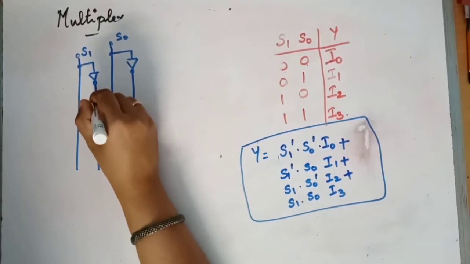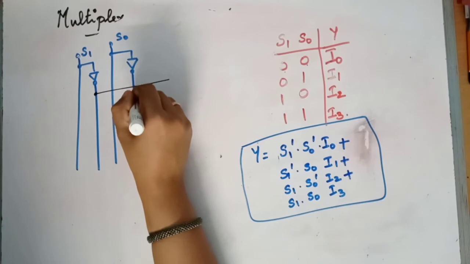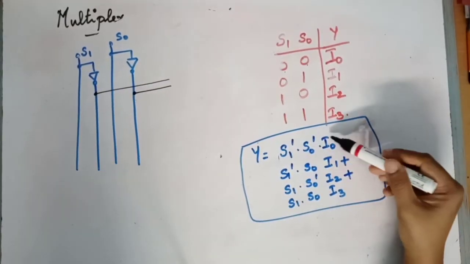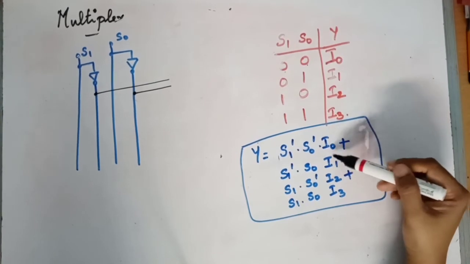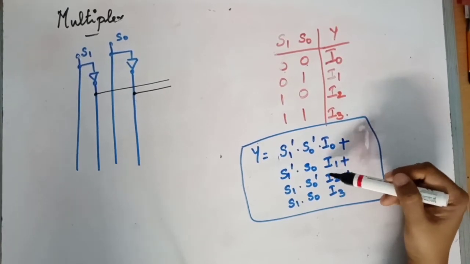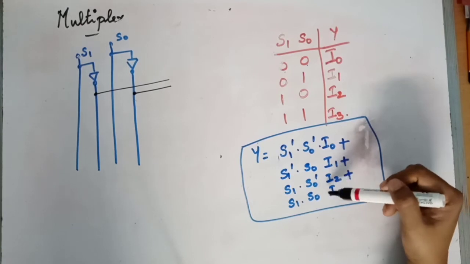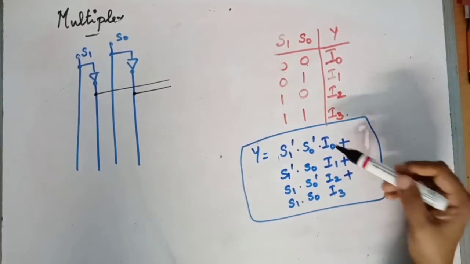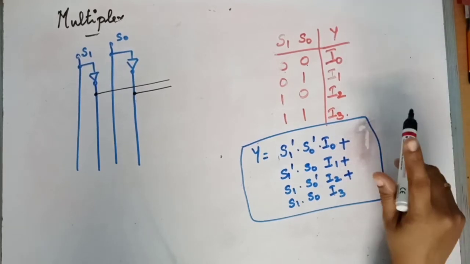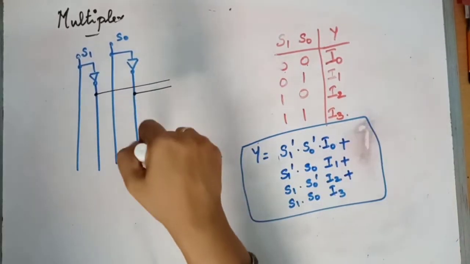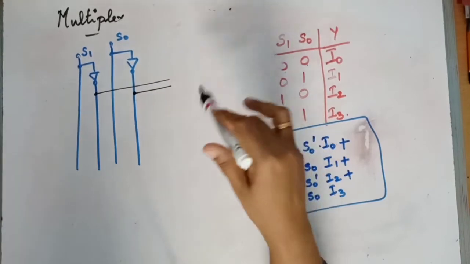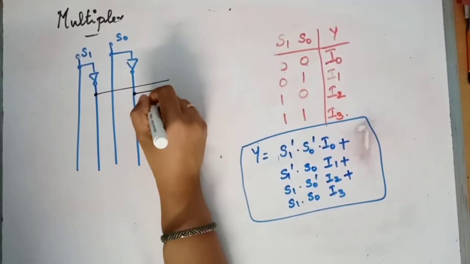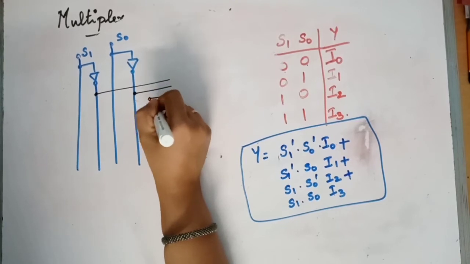Here you can see that in the first expression you have I0, second expression I1, third term I2 and fourth term I3. So I0, I1, I2, I3 are coming only once. So I am not going to draw lines for them because they are appearing only once. I am just writing it as I0 here.